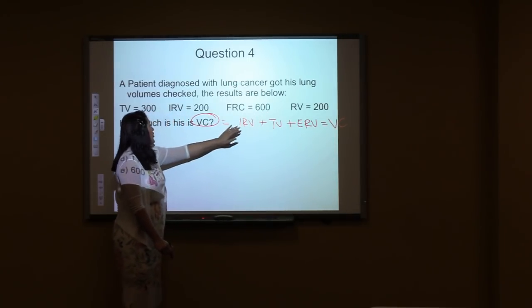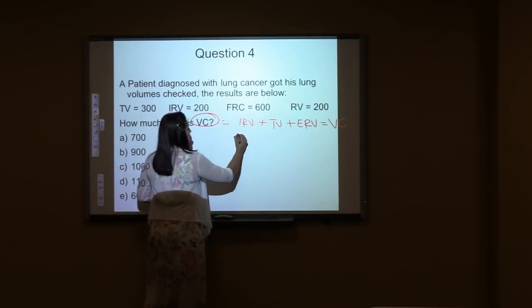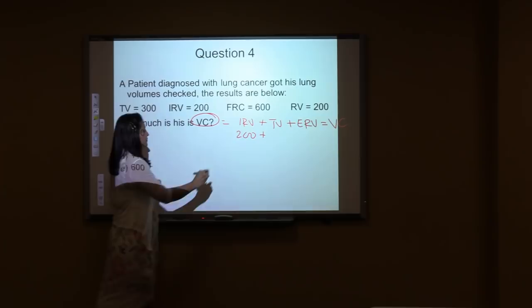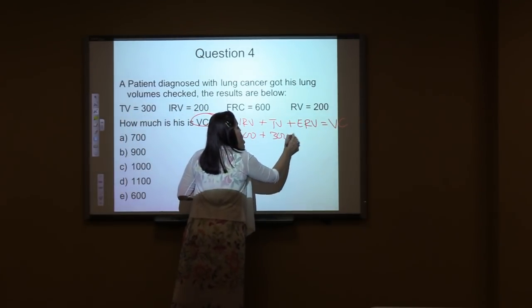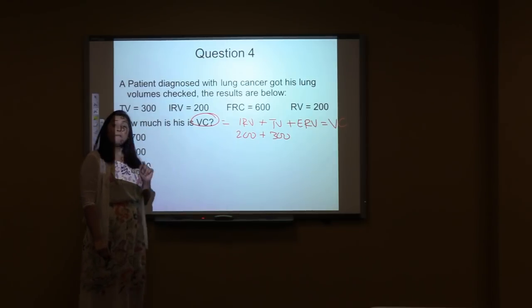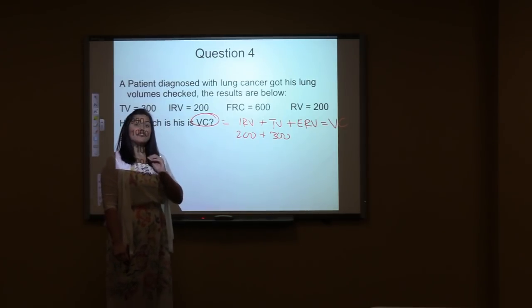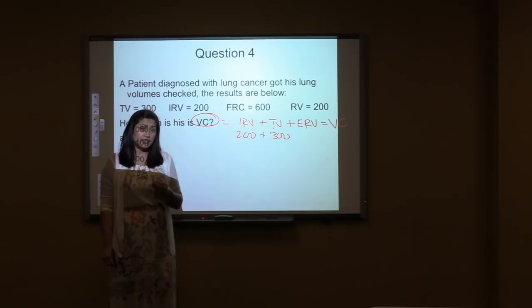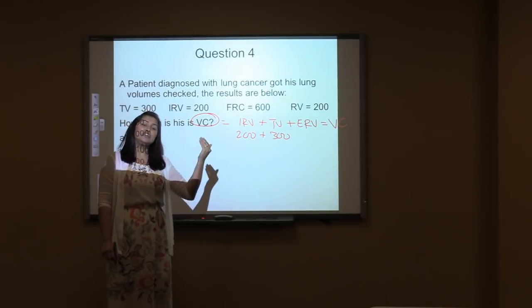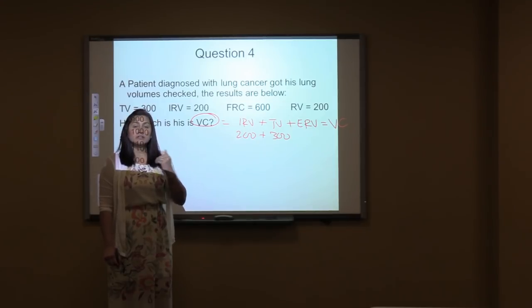So we have IRV, we know it's 200. We know what TV is, 300. But do we know what ERV is? No, it doesn't give you ERV. But it gives you information where you can calculate ERV. So this time around, you first have to calculate ERV, and then you can plug it in.